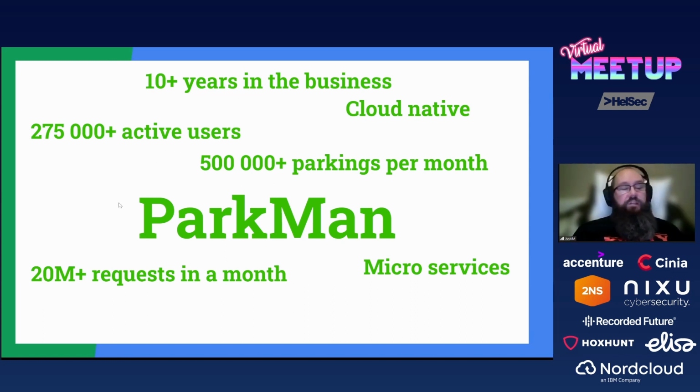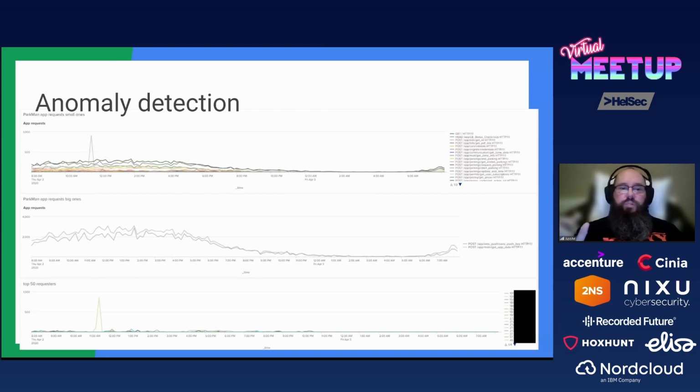And what this means is that there's over 20 million requests in a month. So that means a lot of requests coming in, and the environment is constantly being bombarded. It, of course, creates a challenge for the monitoring, but at the same time, it also gives a great baseline. And a mobile application is great in the sense that you have a pretty good baseline.